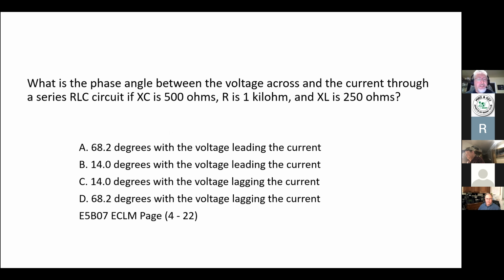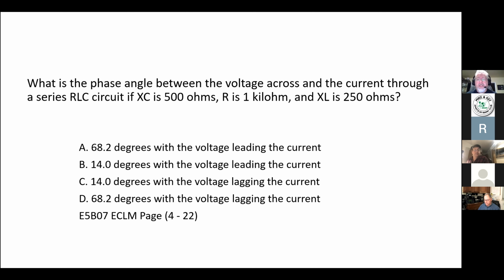A, 68.2 degrees with the voltage leading the current. B, 14.0 degrees with the voltage leading the current. C, 14 degrees with the voltage lagging the current. D, 68.2 degrees with the voltage lagging the current.